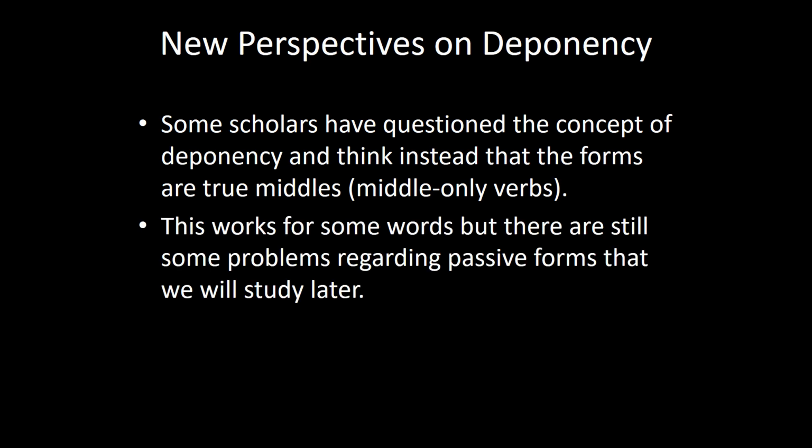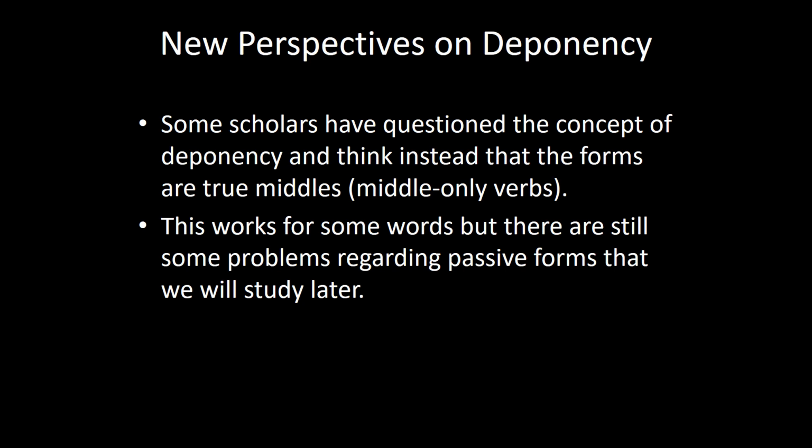For a lot of words, this does work, and they may be onto something here. So what I would suggest is if a verb could be middle or passive, and it looks like it's a deponent verb, why don't you see if the middle-only translation works? And maybe it is truly just a middle verb. However, there are some forms that are passive in form but are deponents. So there are still some obstacles for this new perspective to overcome.